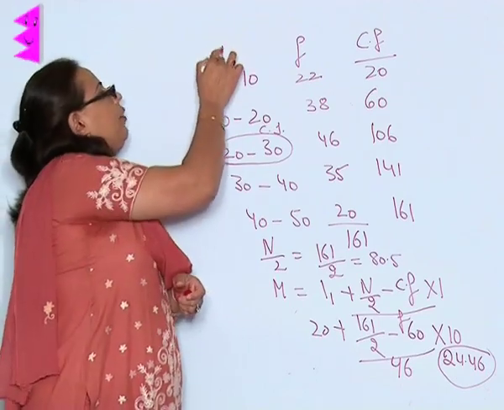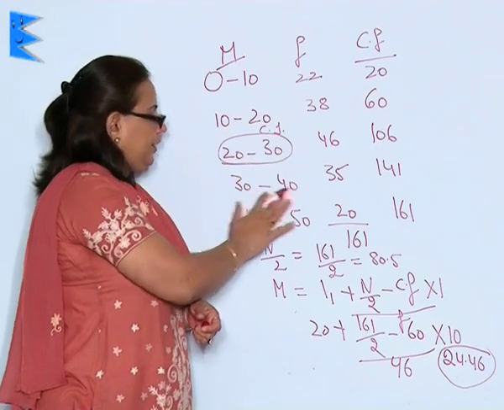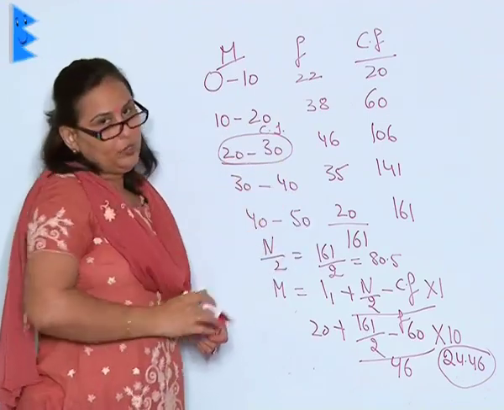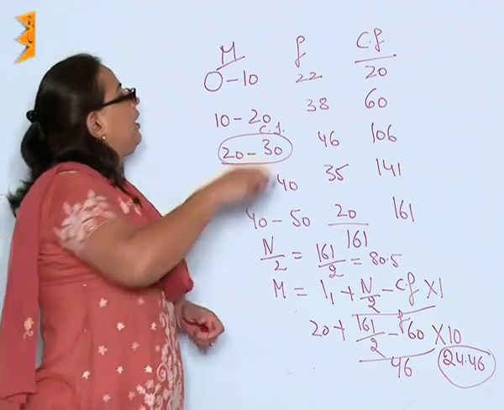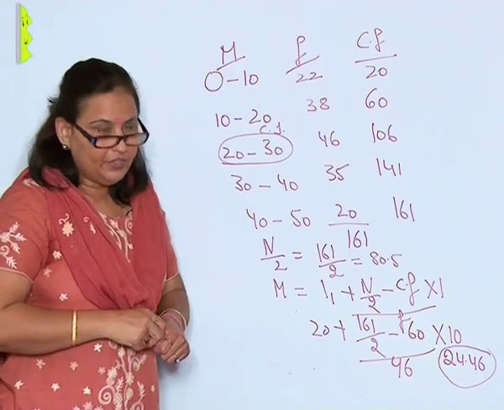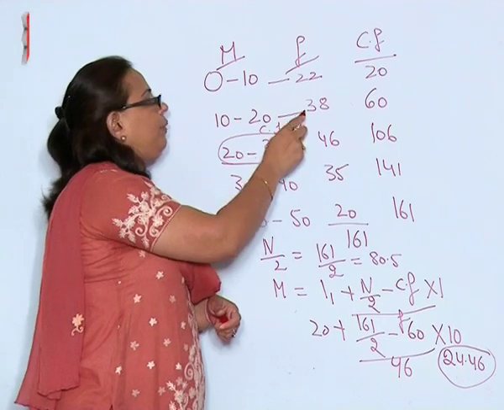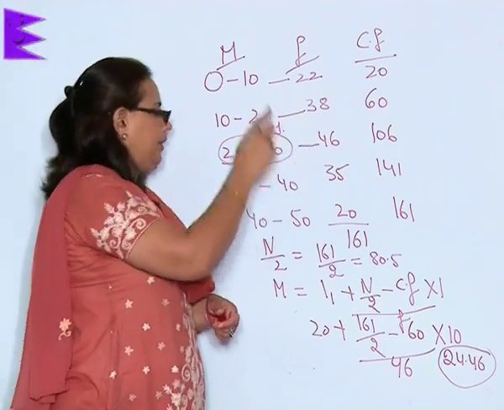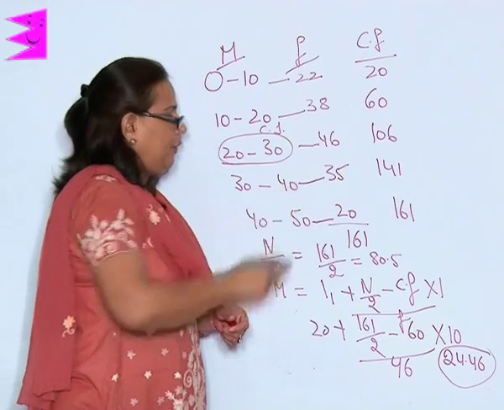So the marks obtained are between 0 to 10, 10 to 20, 20 to 30, 30 to 40, 40 to 50. The class interval again is 10. The number of students who have secured marks in these ranges are: 0 to 10, 22; 10 to 20, 38; 20 to 30, 46; 30 to 40, 35; 40 to 50, 20.